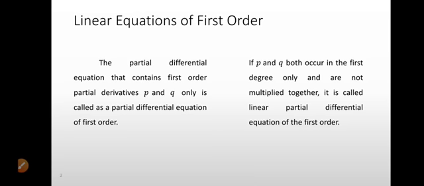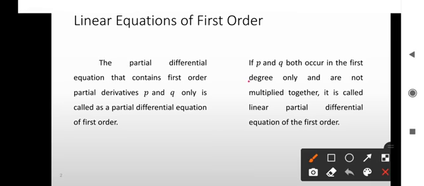So here the degree of p and q decides the degree of partial differential equation. Degree 1 equations are called as linear equations.